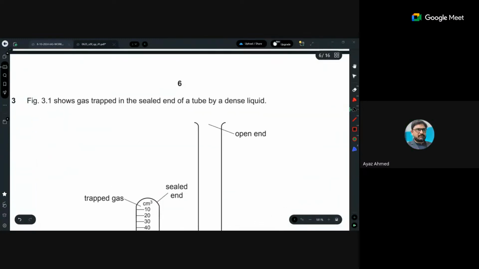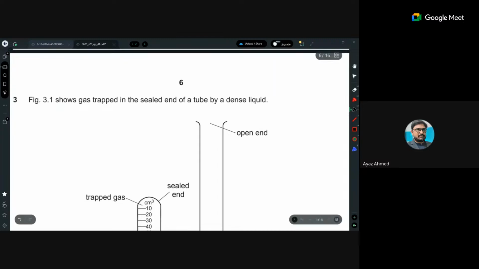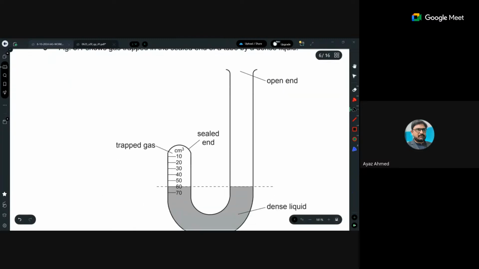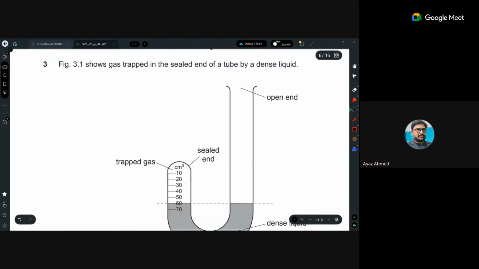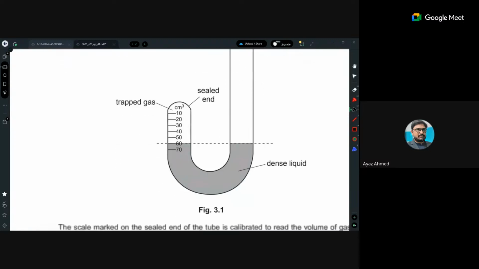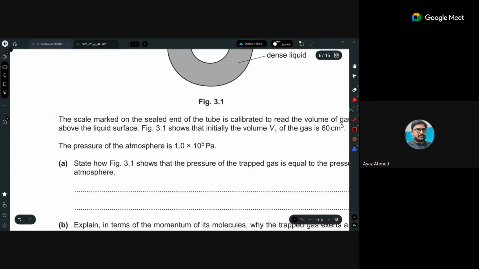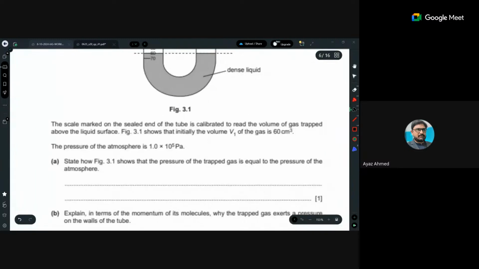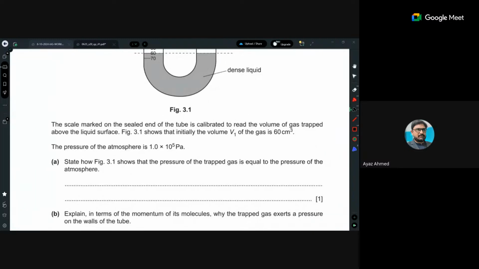That figure shows the gas trapped in the sealed end of the tube, and a denser liquid is also there. The scale marked on the sealed end of the tube is calibrated to read the volume of the gas trapped above the liquid. Initially, the volume V1 of the gas is 60 cubic centimeter.